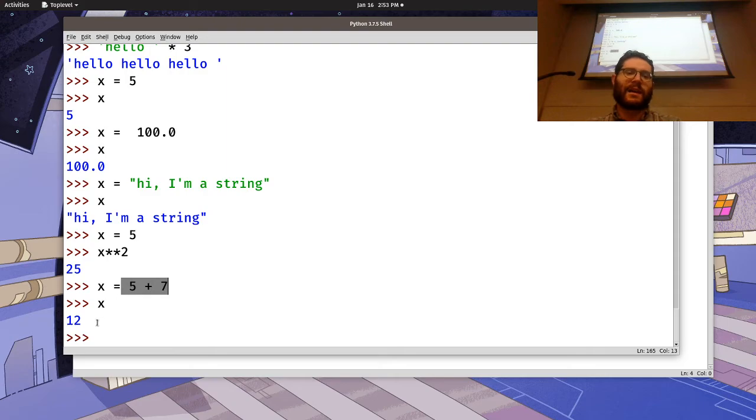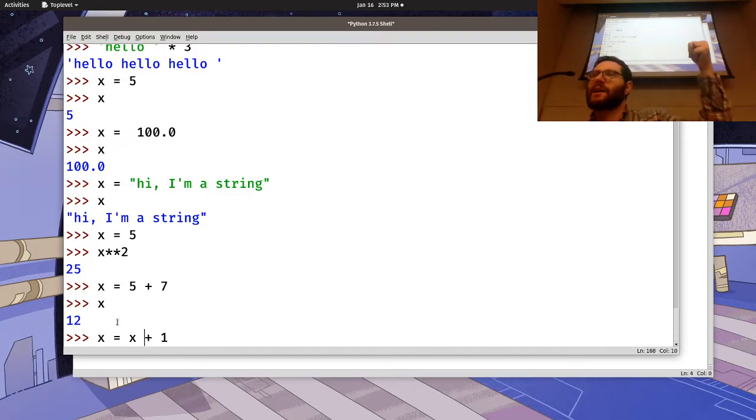So here's the big kick in the head. x's current value is 12. So x is equal to x plus 1. Now in math, this makes no bloody sense. How can x be equal to itself but bigger? That's not what I'm saying over here.